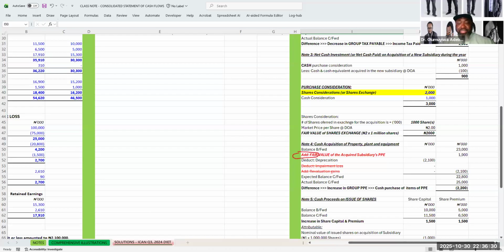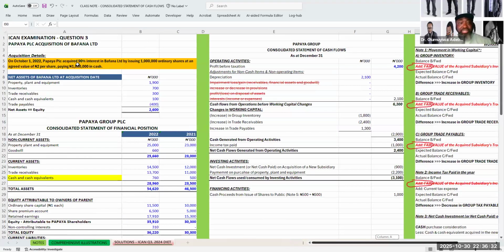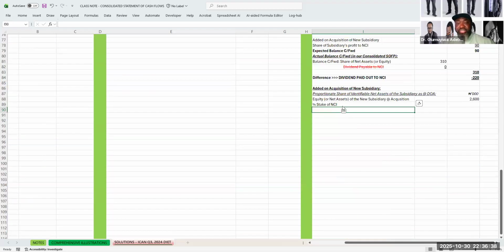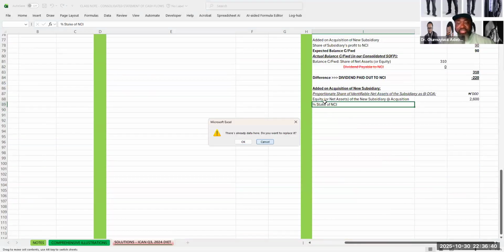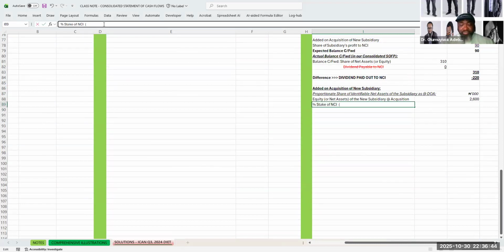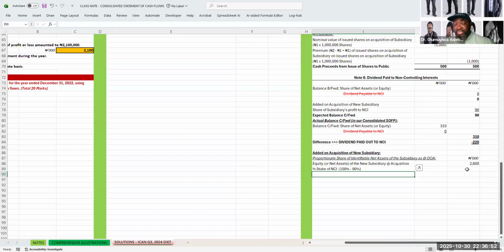Now, remember, we are told that we acquire 90%. Therefore, NCI stake will be 100% minus 90%. And that will give us 10%.